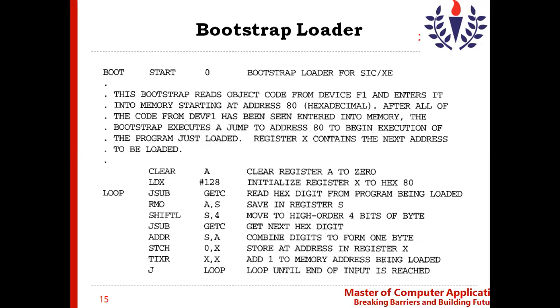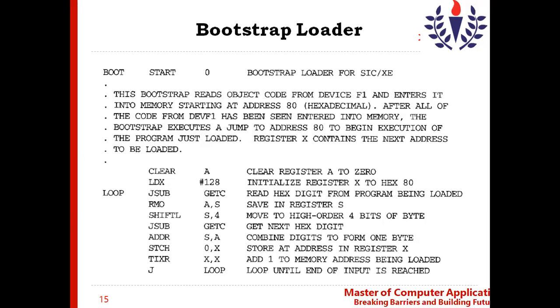For which we use the TIXR instruction, comparing with X only. So TIX is basically an instruction which is used to increment a value by 1, here the X value by 1.